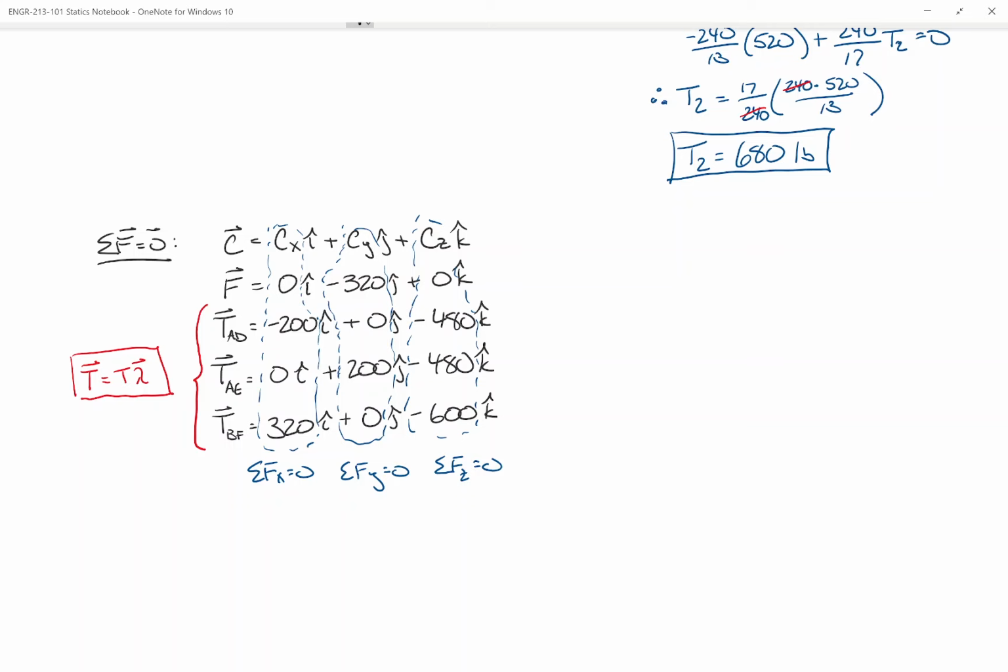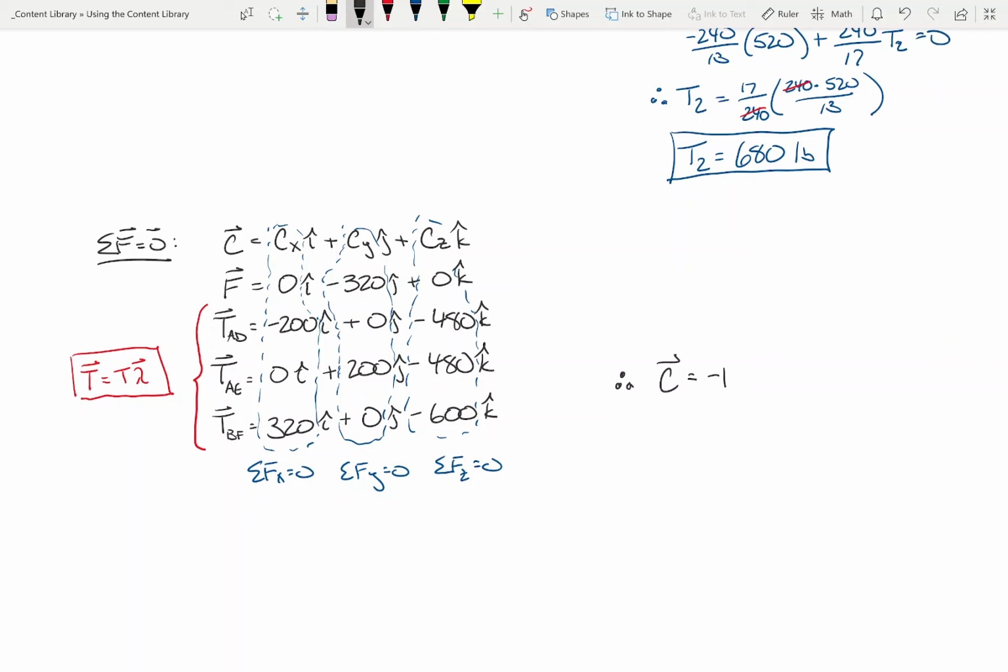So therefore, C is going to be, that's 120. This one's positive 120. And this one is, so 480 and 480 and 600 is going to be 1560.